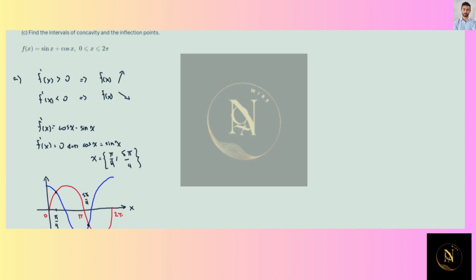And we see that the cosine is larger than the sine function for x ranging between 0 and pi over 4, and 5 pi over 4 to 2 pi. And we're just going to unify these two regions.